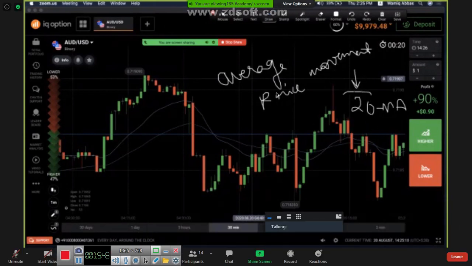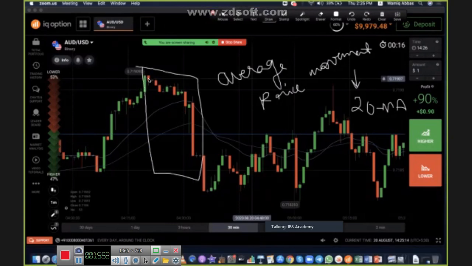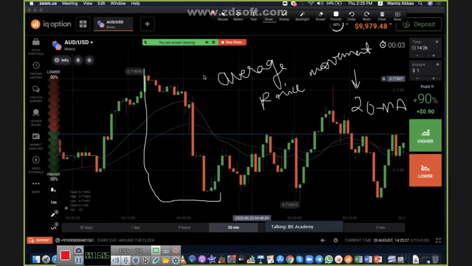For example, from here to here, you count all these candles: 1, 2, 3, up to 16 here, which is approximately 20, not perfectly. Correct, guys? From here to here, approximately there are 20 candles.